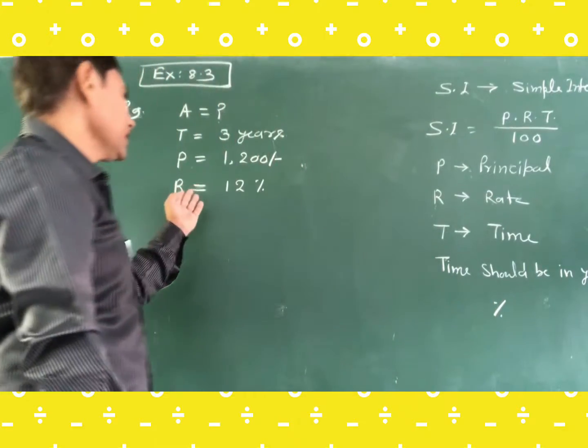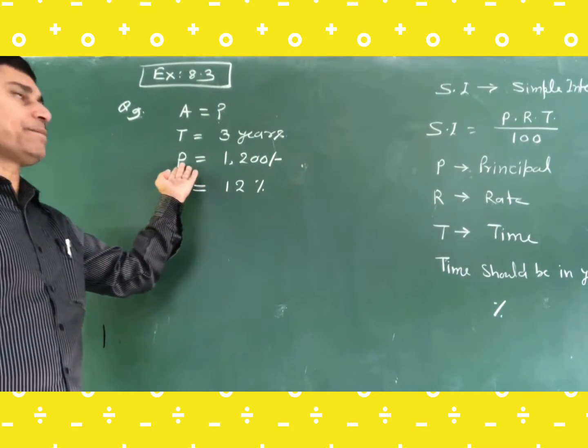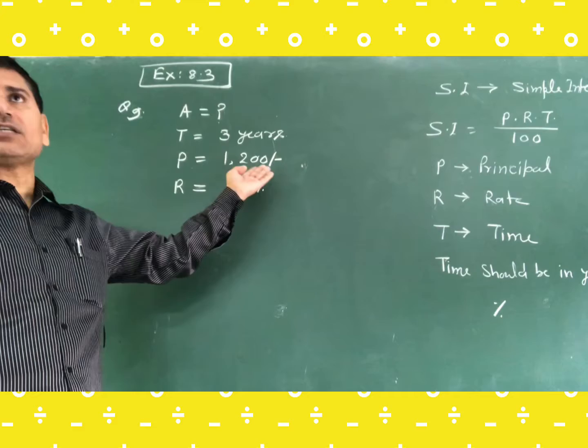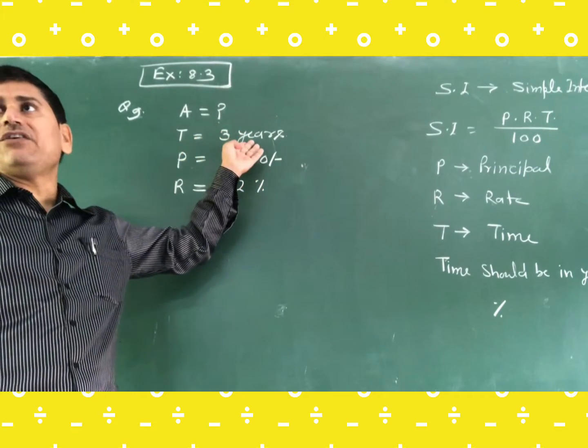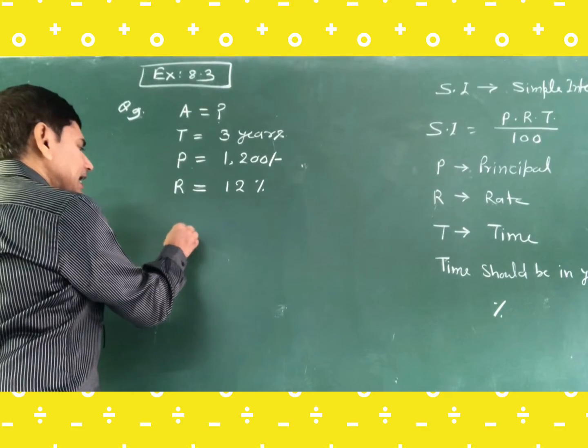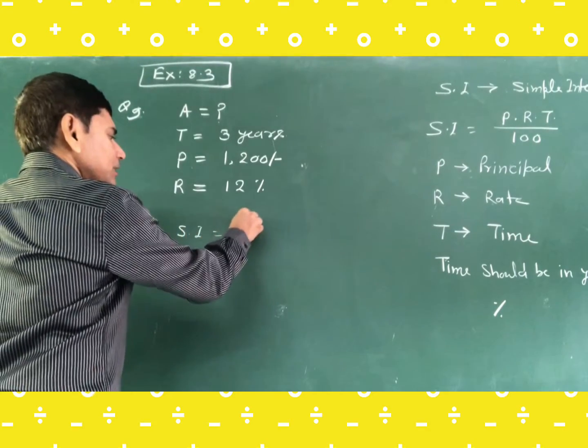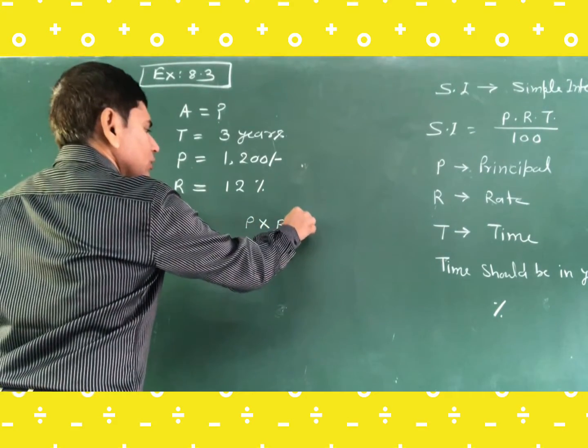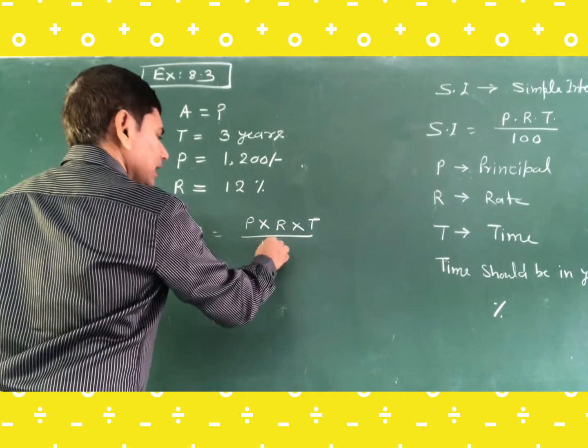So here R is 12%, the principal amount is 1200, and the time is 3 years. You will use the formula SI equals P into R into T upon 100.